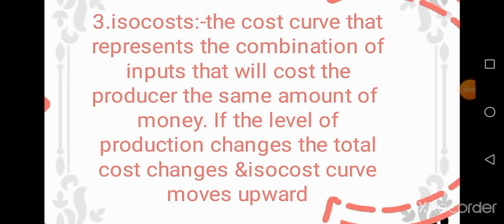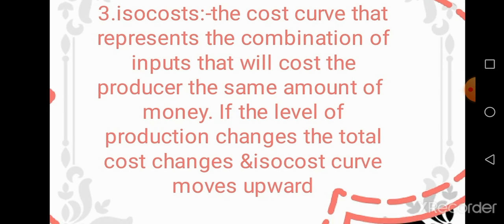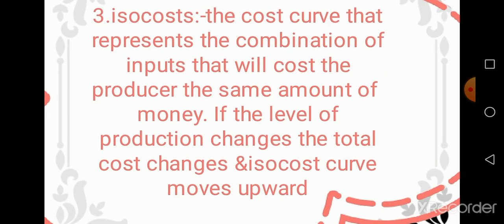After understanding the marginal rate of technical substitution, the next type of production technique is isocost. The isocost is defined as the cost curve that represents the combination of inputs that will cost the producer the same amount of money.